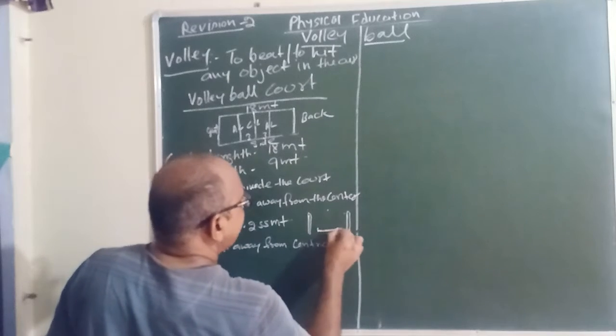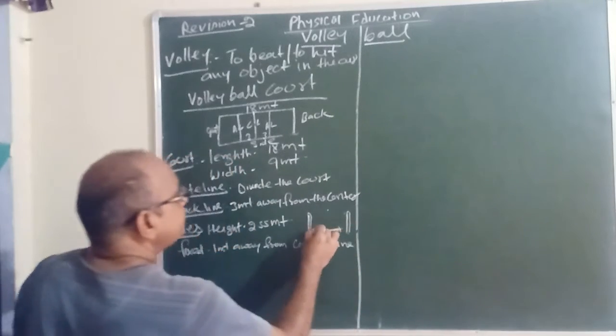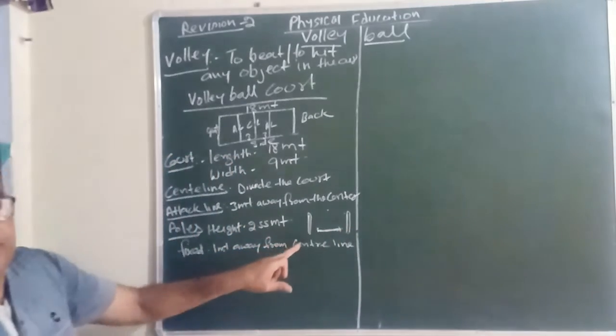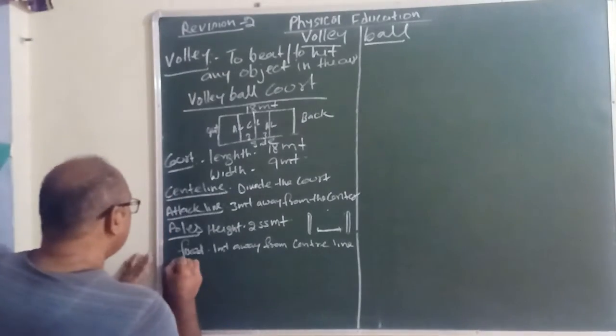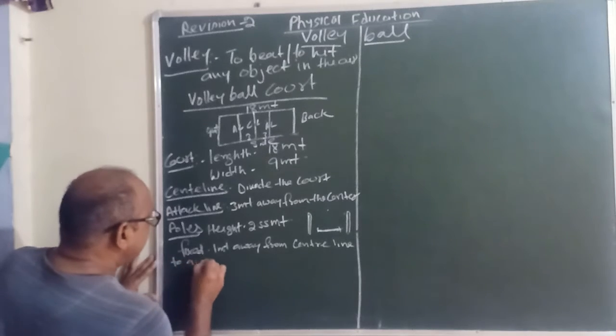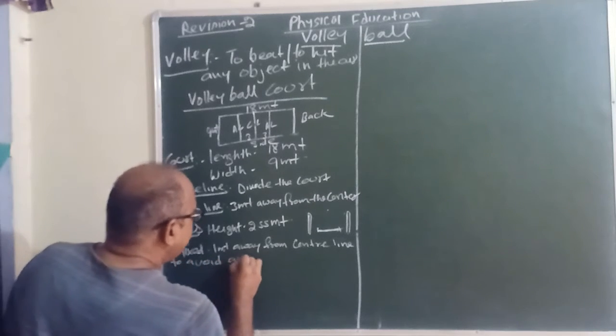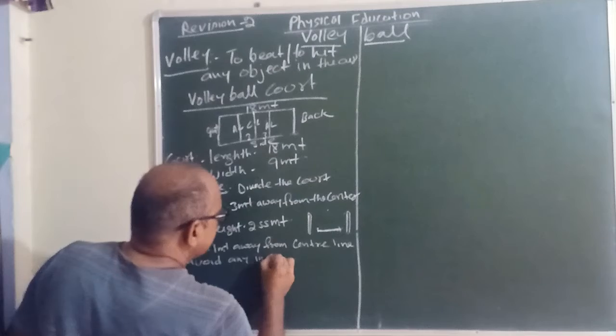This is your center line, and it will be fixed 1 meter away from the center line. For what? To avoid any injury.